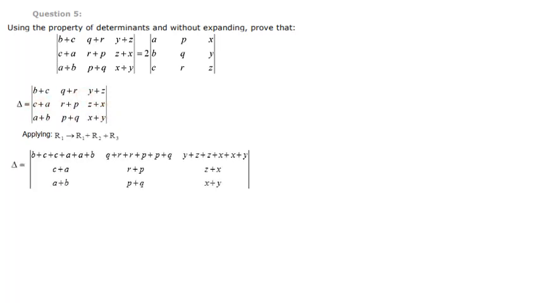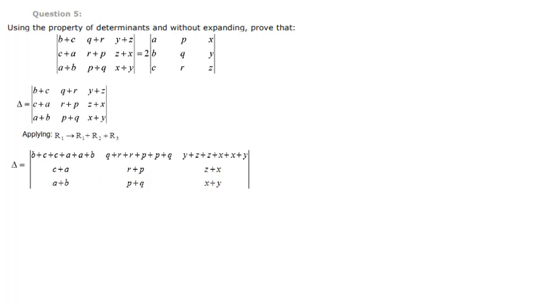After doing the operation, delta is equal to, first row will be B plus C plus C plus A plus A plus B, Q plus R plus R plus P plus P plus Q, Y plus Z plus Z plus X plus X plus Y here. R2 remains the same, R3 remains the same.